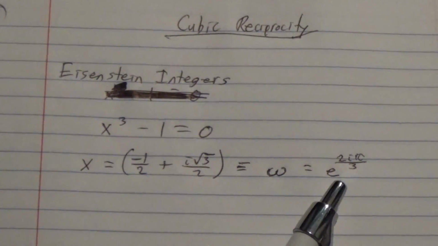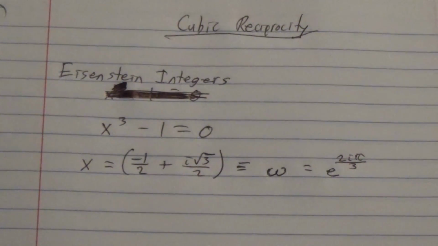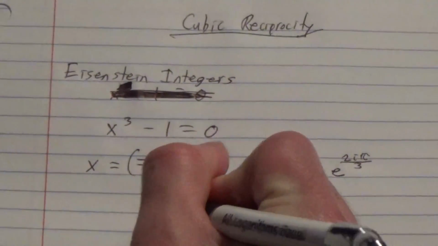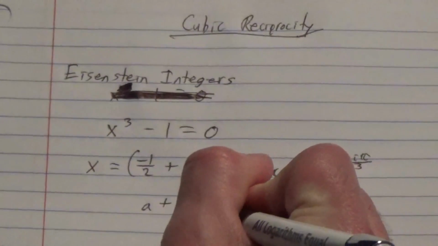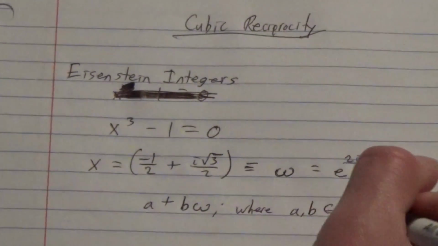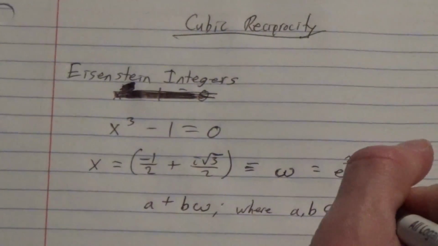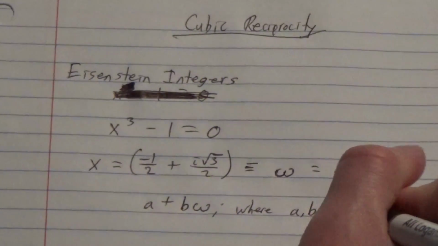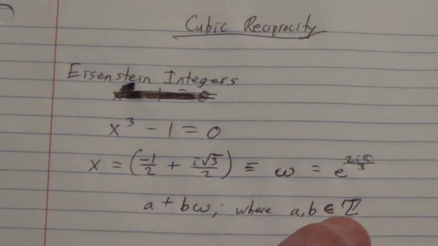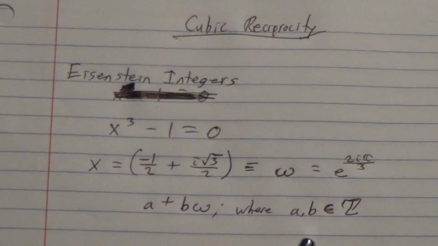But basically, the Eisenstein integers are, by definition, all numbers of the form a plus b times omega, where a and b are both integers. Now, this is a bit of mathematical notation. If you haven't seen it already, it's just saying that a and b are members of the set of integers.